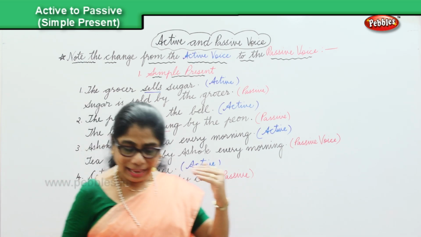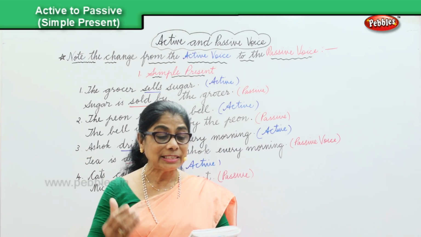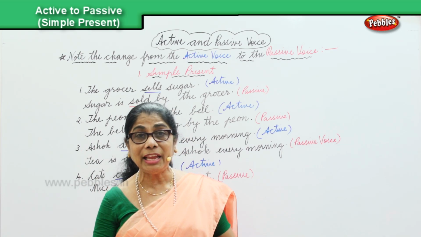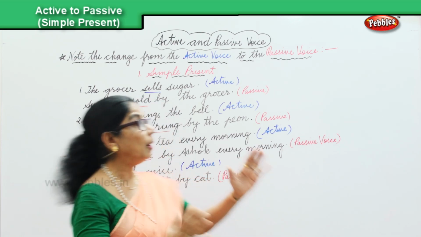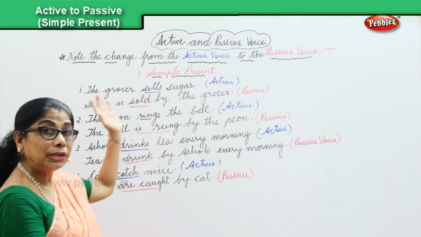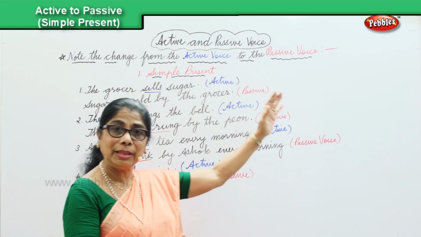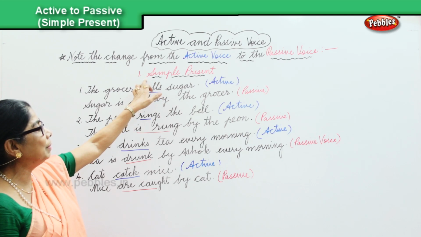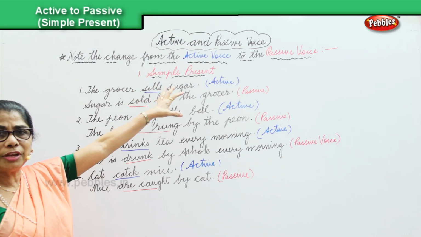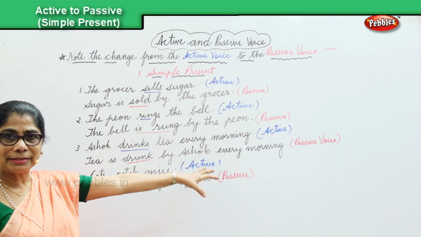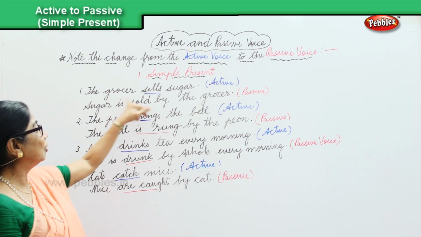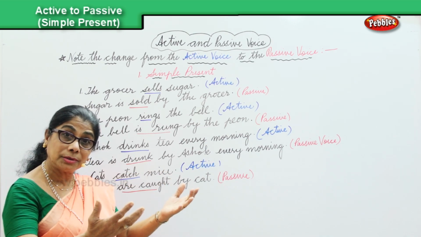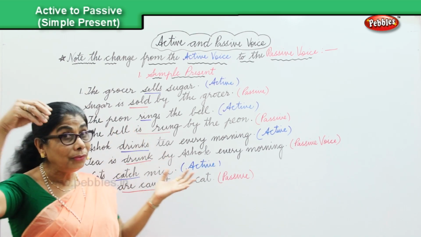Like this, in every other tense, simple present, present perfect, in everything we will look at how to change over from the active to the passive voice. Now, I am sure you know in the simple present how to change from the active to the passive. The grocer sells sugar. Sugar is sold by the grocer. The peon rings the bell.